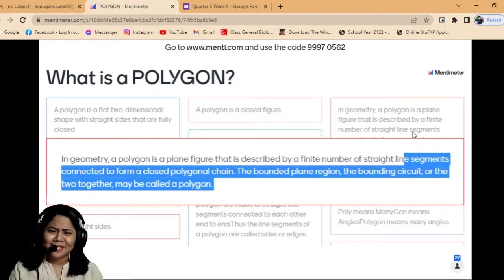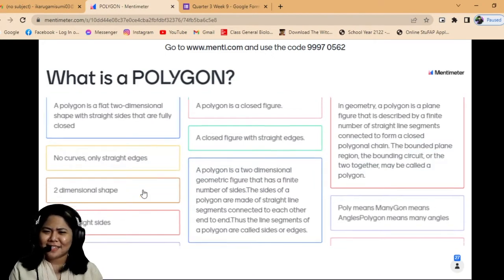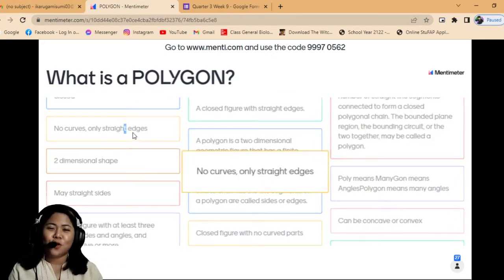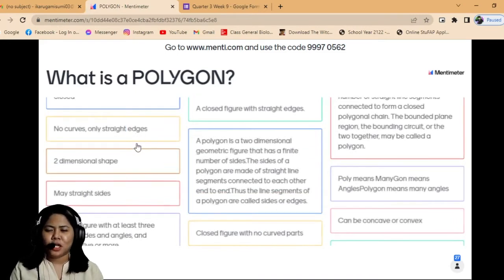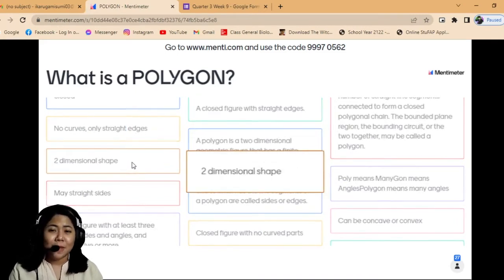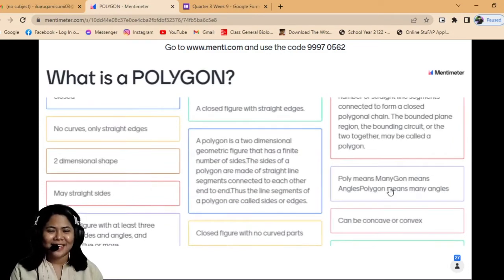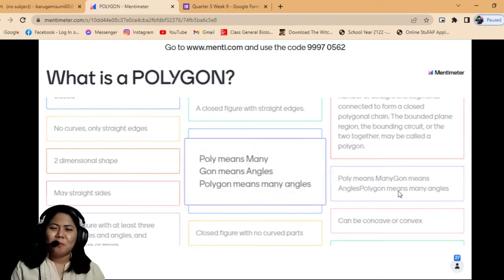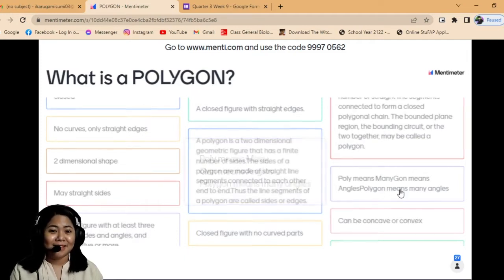Yes? Sige, nice. Next. No curves, only straight edges. Pag wala daw kurba, polygon na daw yon. Two-dimensional shape. Sabi dito, may straight sides. Sige. Ito naman. Poly means many, gon means angles. Pag pinagsama daw, polygon means many angles.